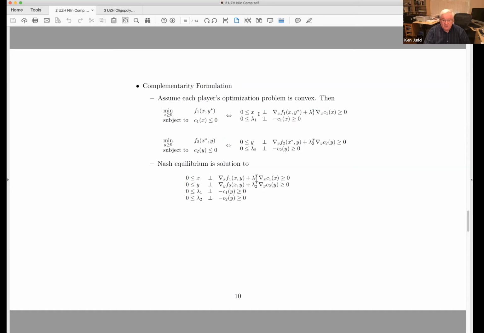You want x to be non-negative, and then you also want the gradient here to be non-negative, and one of them should be equal to 0. And here the multiplier on the inequality constraint should be 0, or the constraint is active. And so now Nash equilibrium is really just written as this system of nonlinear complementarity conditions.